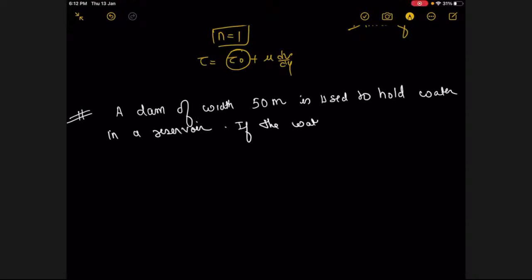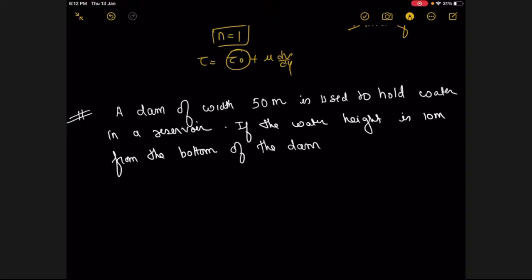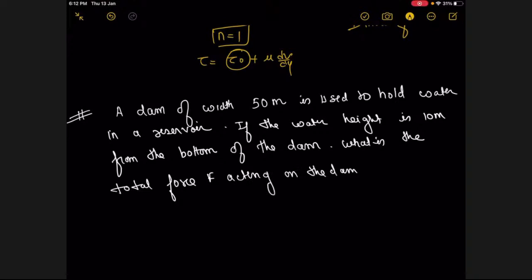If the water height is 10 meter from the bottom of the dam, what is the total force F acting on the dam due to water? Solve this. So basically there is a dam, and the water is there.